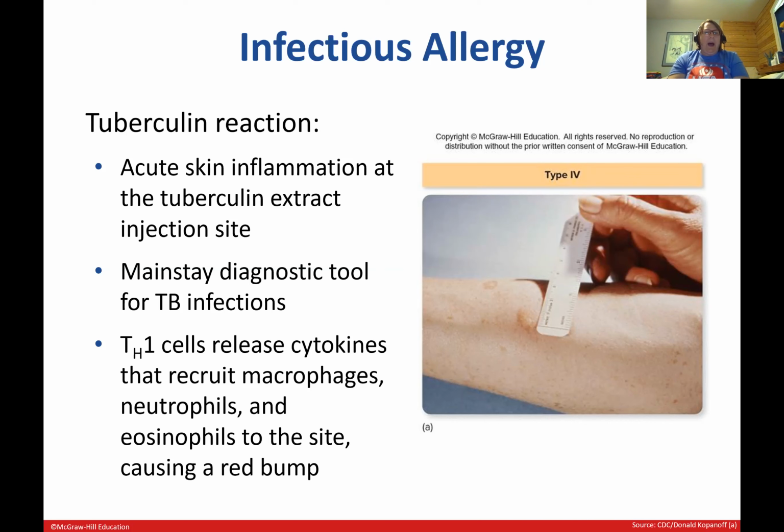Okay, so if you are positive, the Th1 cells are going to release cytokines that recruit macrophages and neutrophils, and basically everybody in the immune system jumps on this tuberculin toxin because it's been pre-exposed, and that causes a big red bump. That would be a positive test.